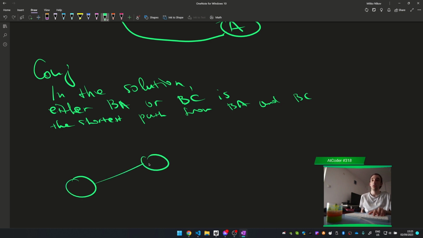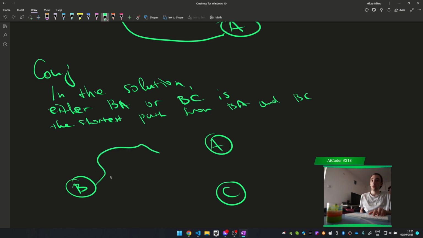Can you make a case where this is not true? There's A and C and B. So the shortest path is like this, and let's say the other shortest path is something like this.